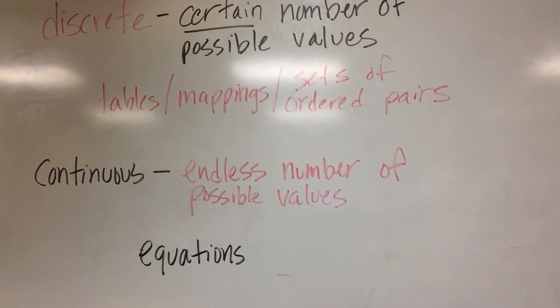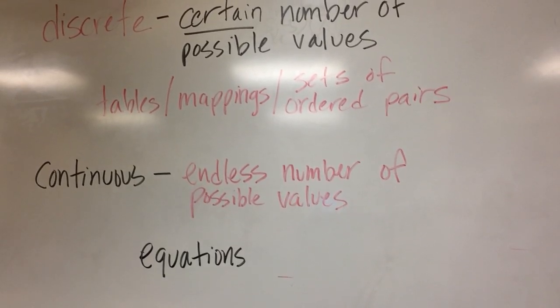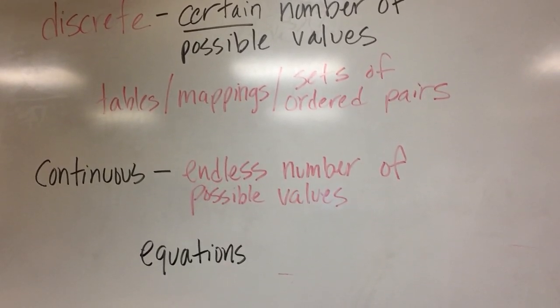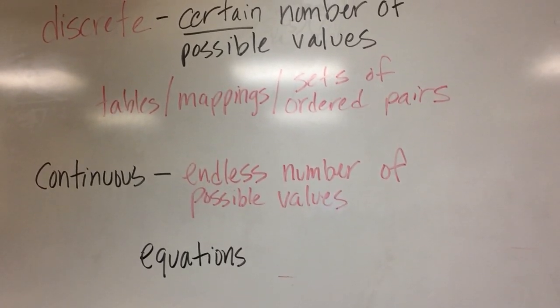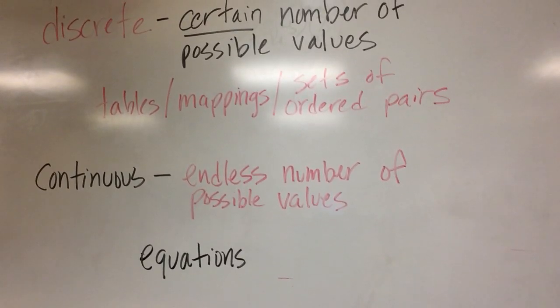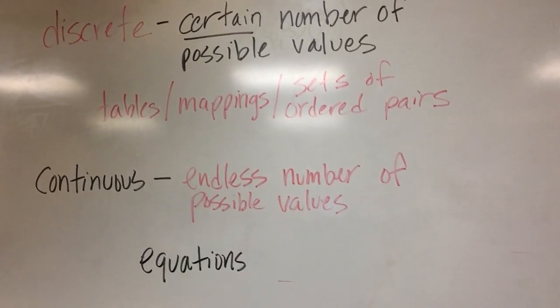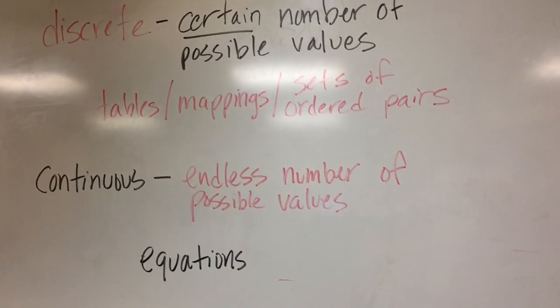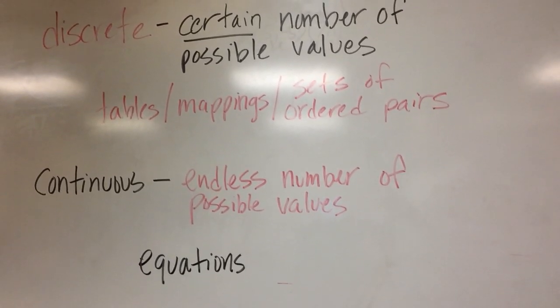So if we start with a simple equation like we've used before, like y equals x, well, x could be any number in the world. x could be 1, or it could be 1.1, or it could be 1.11, or it could be 1.000000006. There's billions and billions of different numbers that x could be, which would give us an answer. So that makes the situation continuous, where there's not a certain amount of possible outcomes.